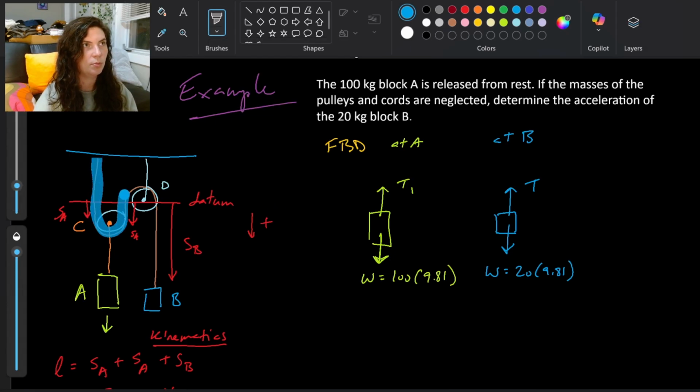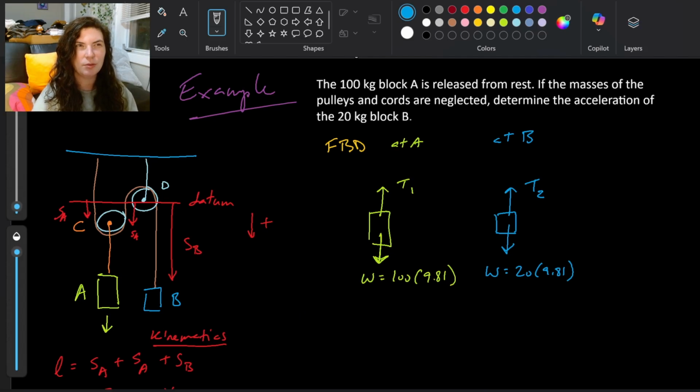This is our brown pulley cord that goes all the way through here. The tension in this cord here is the same as in this cord here, but not the same as the orange cord. So this tension, I'm just going to call T2 for that overall pulley.